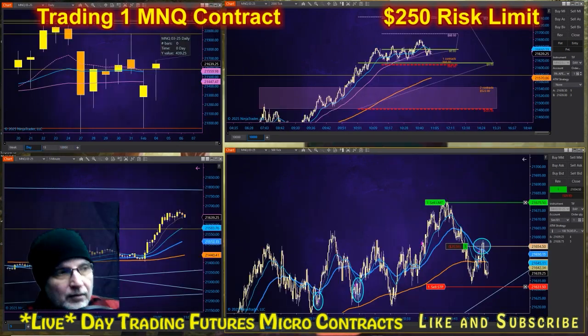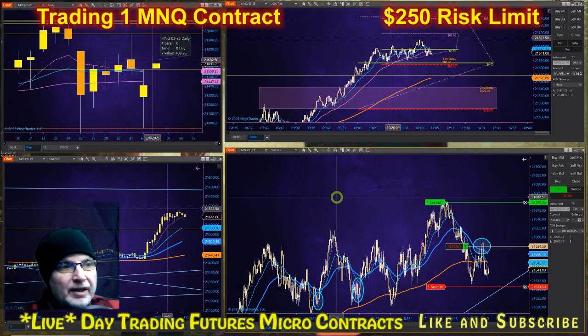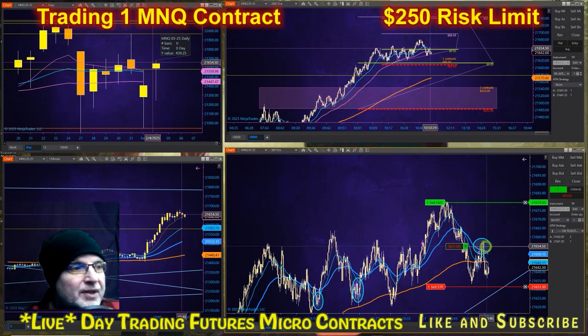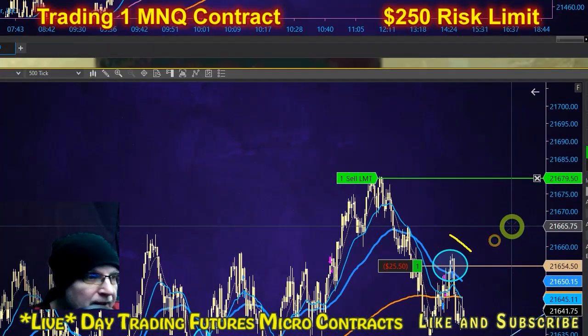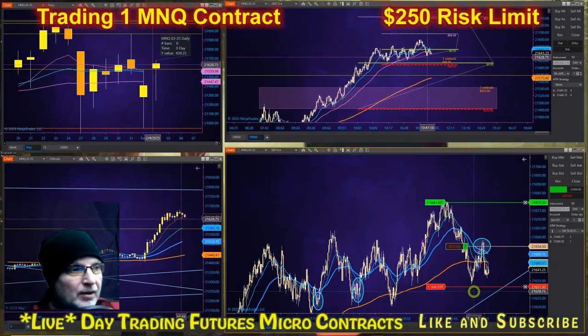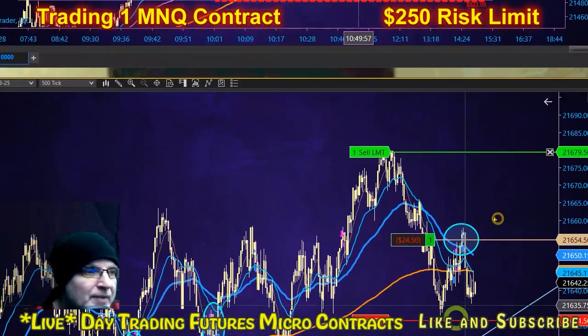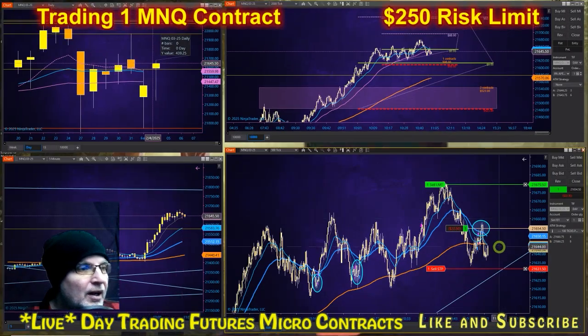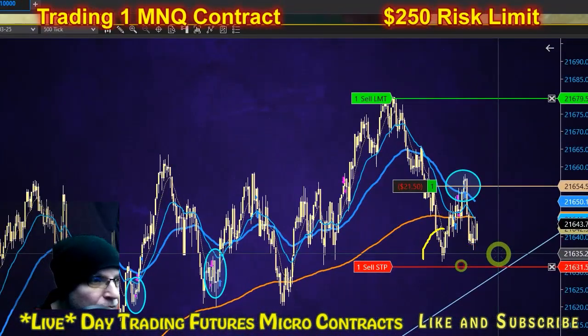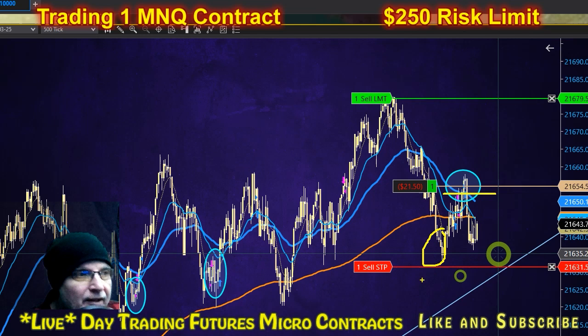Okay, just a quick reminder, if the 20 and 50 crossed underneath one another and they're heading down, that's not a buy. I got long and it faked me out because the 50 is going this way, the 20 is going this way. I should have been looking for a 3-bar reversal right here, would have got me a 1-to-1 on it.